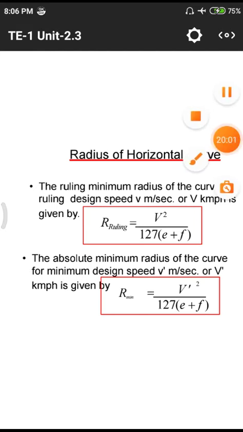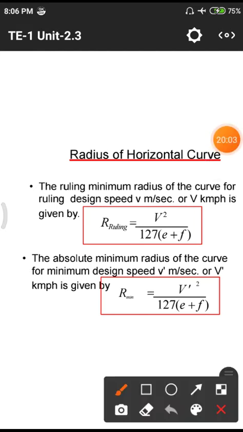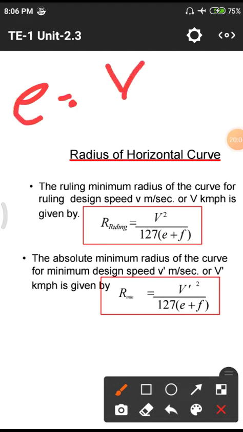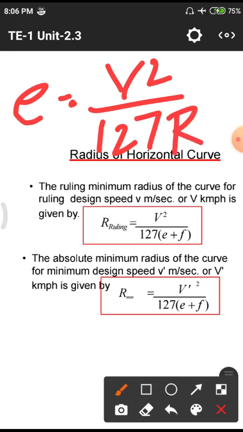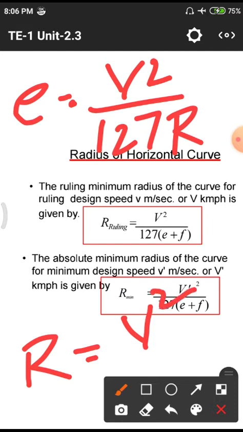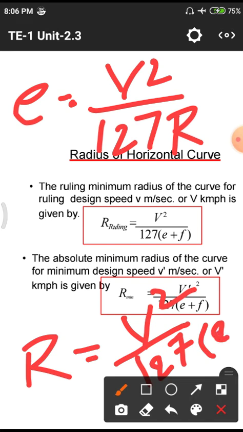Once again I will write the formula and explain how this radius will come. E equal to V square by 127 R is the normal formula for calculating elevation, but in terms of radius, the R value equals V square by 127 E. Why?